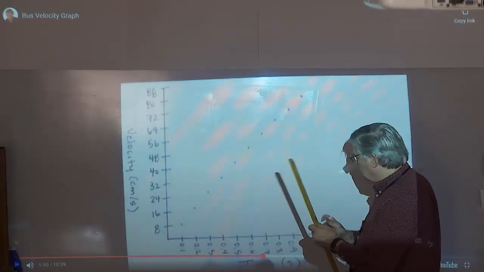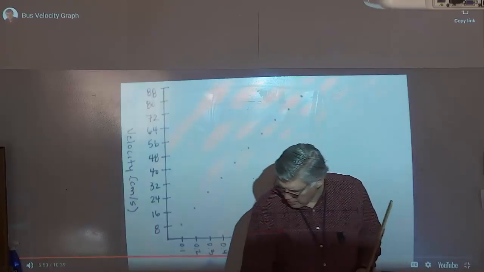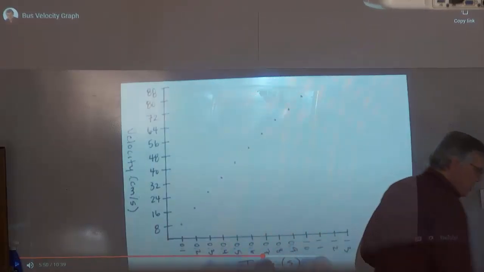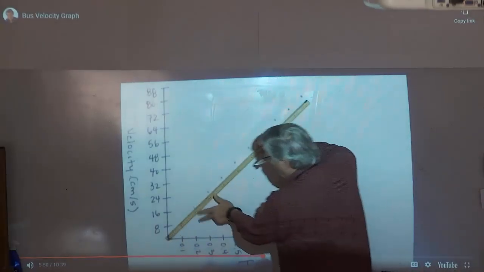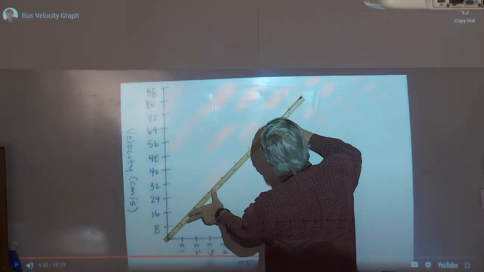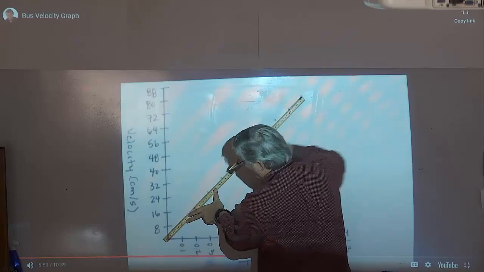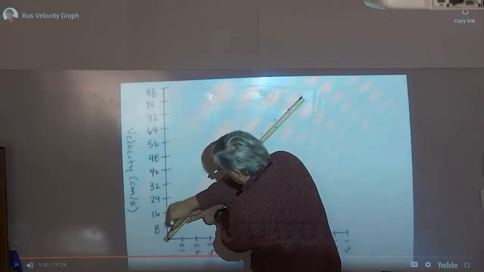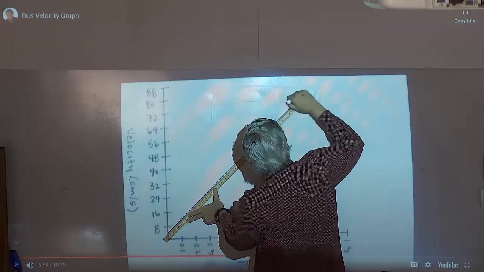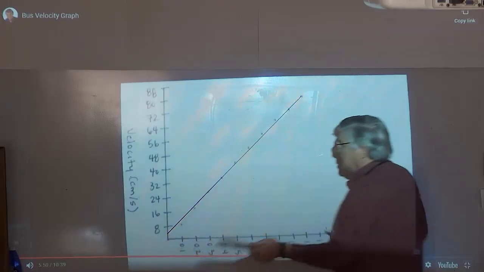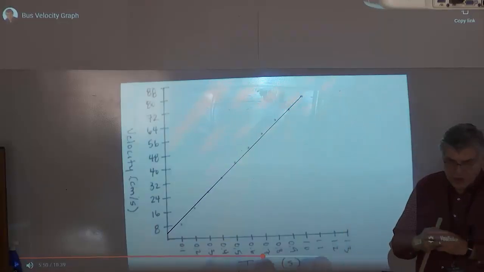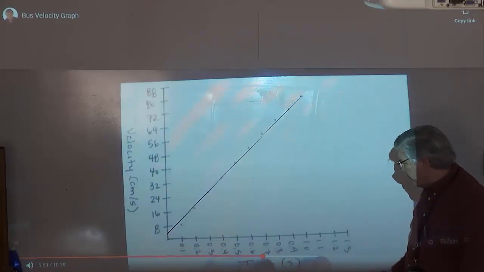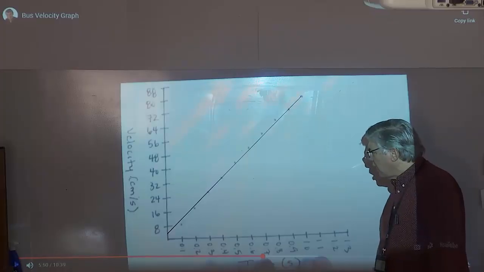Since you did purple, I think I've got a purple sitting here somewhere. So when we do our best fit line, remember that we should have about as many points above as below. This best fit line better be drawn with a straight edge because we have to get a slope from this.